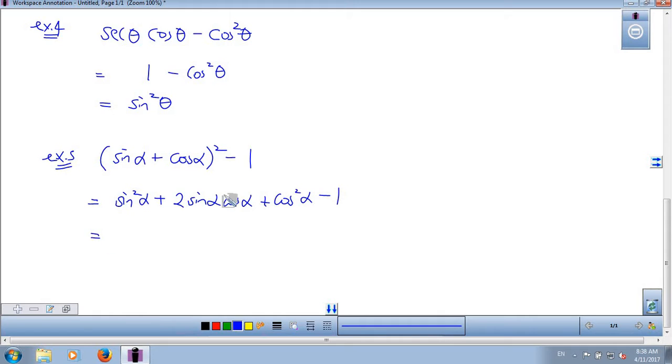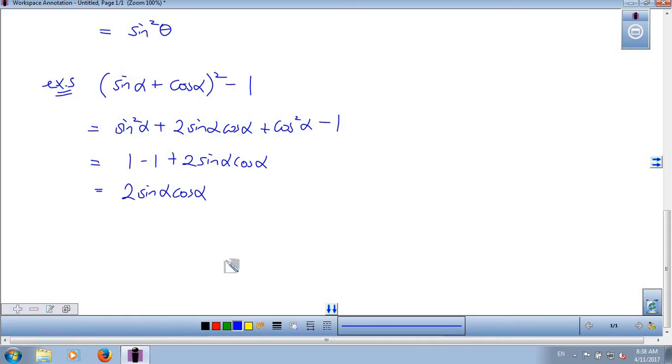Now we can't do too much about 2 sine alpha cosine alpha until later. Actually, you'll find out what that is. But sine squared alpha plus cosine squared alpha is 1. Minus 1 plus 2 sine alpha cosine alpha. So the 1 minus 1 cancels out, and the final answer is just 2 sine alpha cosine alpha. So we used the distributive property to help us.